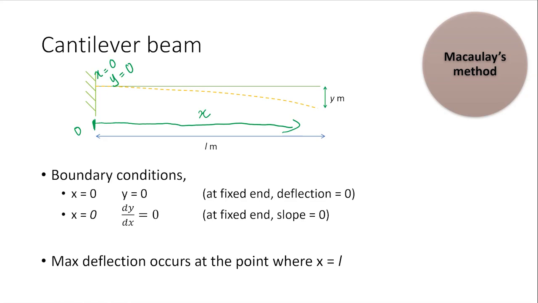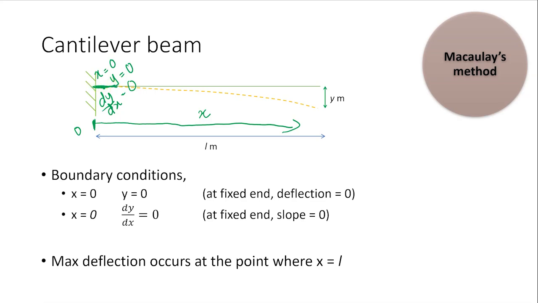As we know, when there is a support, the deflection will be 0. And then when x is equal to 0, dy over dx is equal to 0. Meaning now, if you look here, there is no slope. Why is there no slope? Because there simply is no slope.